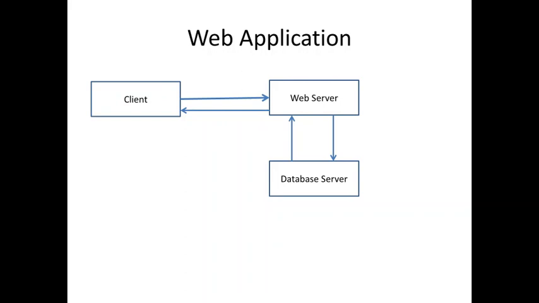Further requests again go to the server. If the request involves data, the web server forwards the request to the database server. When the request reaches the database server, it processes it, and the response is fed back to the web server, and the web server consequently sends the response to the client. So this is the basic interaction in the web application environment.